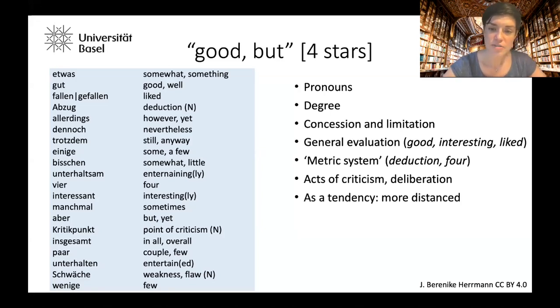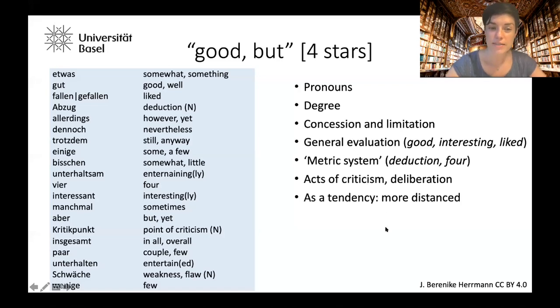And you can see references to this metric system. The word deduction here, Abzug in German, is like I took away 1 star or something like that. That's something they say often. And even the word for probably 4 stars comes up too.